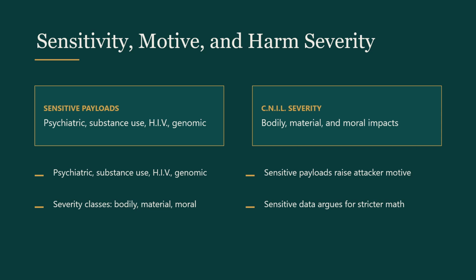Datasets carrying psychiatric records, substance use treatment data, HIV status, or precise genomic sequences have a higher target value to an extortionist, to a tabloid, to a hostile family member, and to a curious insider than a file of routine orthopedic encounters. Higher target value means more attackers willing to spend effort, which raises the baseline attempt probability, which means the same controls buy you less.